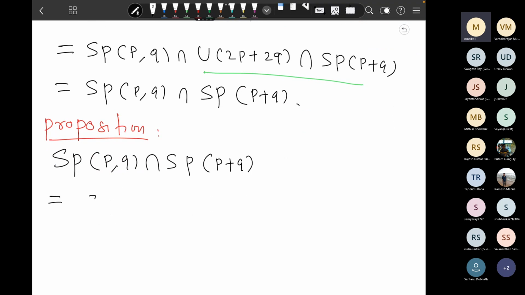Okay. So Pritham, can you make a guess of this thing? Yes, what will be SP(P,Q) intersection SP(P+Q)? Pritham, are you there? Can you make a guess?